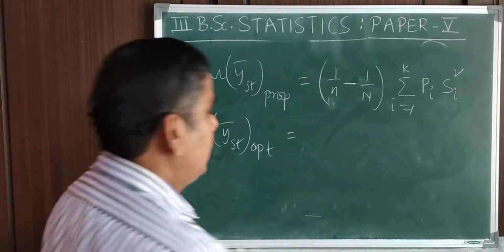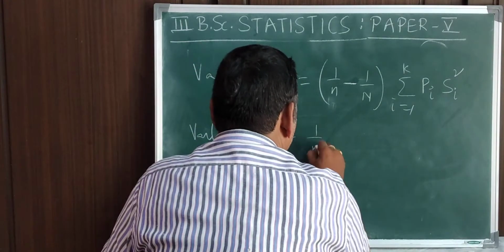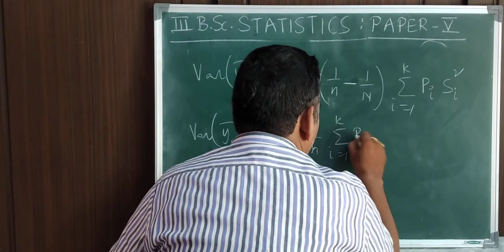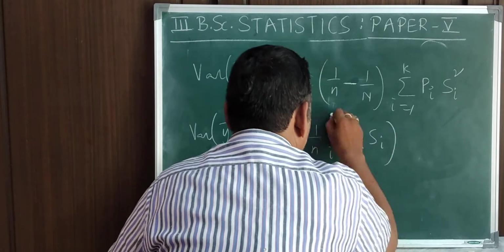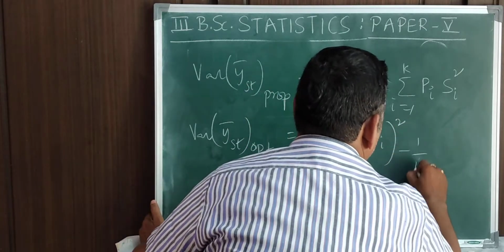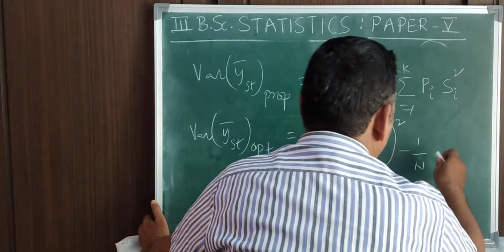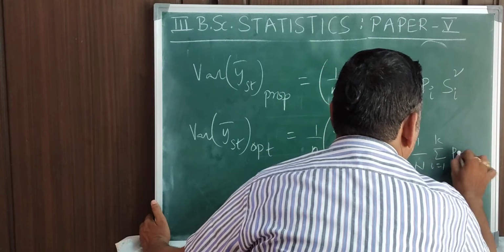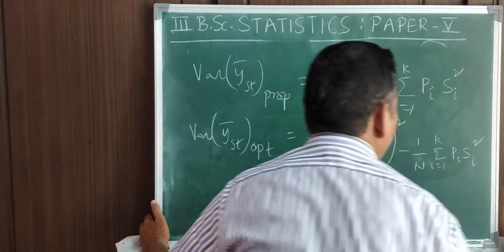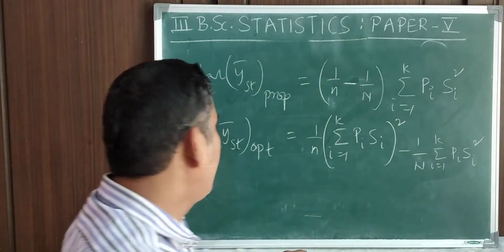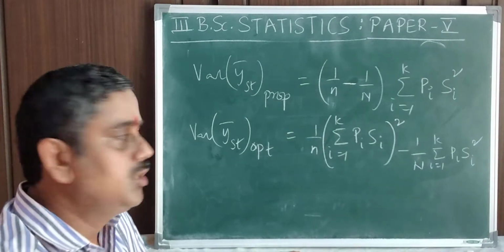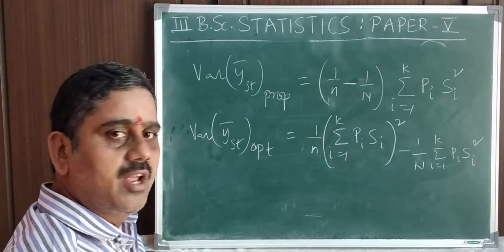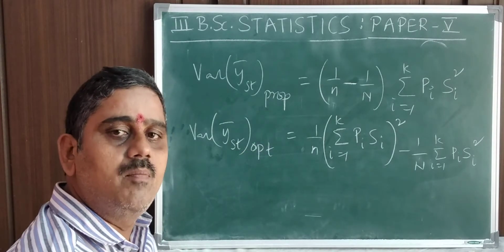It is 1 by small n, summation i is equal to 1 to k, Pi Si the whole square, minus 1 by capital N summation i is equal to 1 to k, Pi Si square. These are the formulas of variance of sample mean y bar st for proportional and optimum allocation.